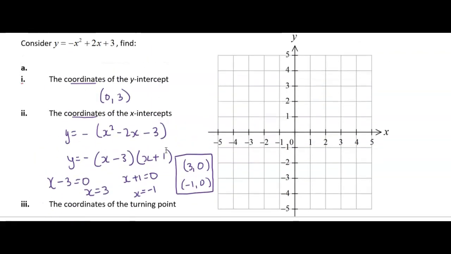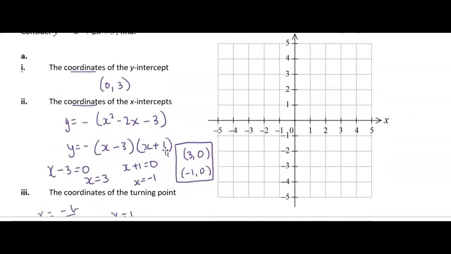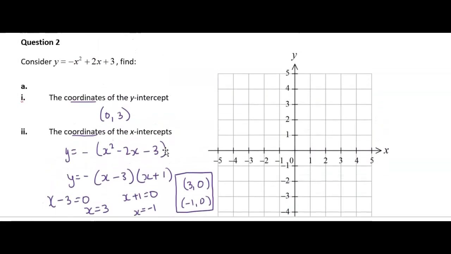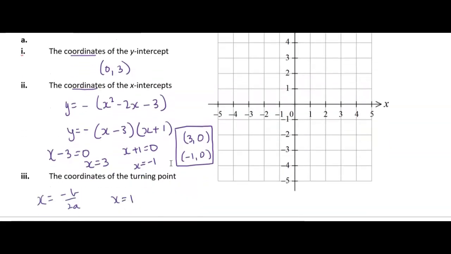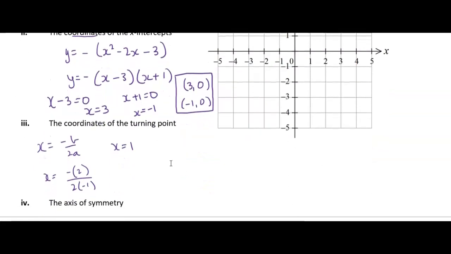Now, to get the y coordinate, we just substitute that 1 back in. So you can substitute the 1 back into your original equation. You can substitute it back into your factorized equation. It doesn't make any difference because effectively it's the same equation. One's just expanded and one is factorized. Now, just because the factorized version is still on my screen, I'm going to use that one. So this is what I'm using here.